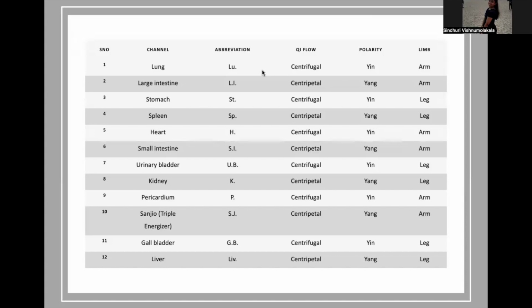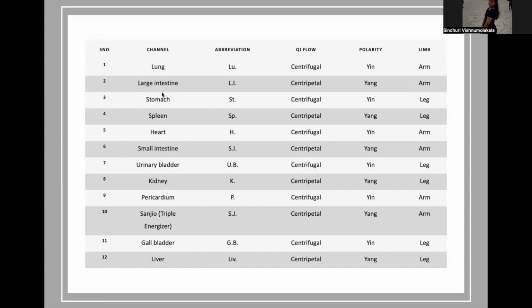That means the energy flows from the chest to the hand, and then from the hand to the head goes the large intestine channel.